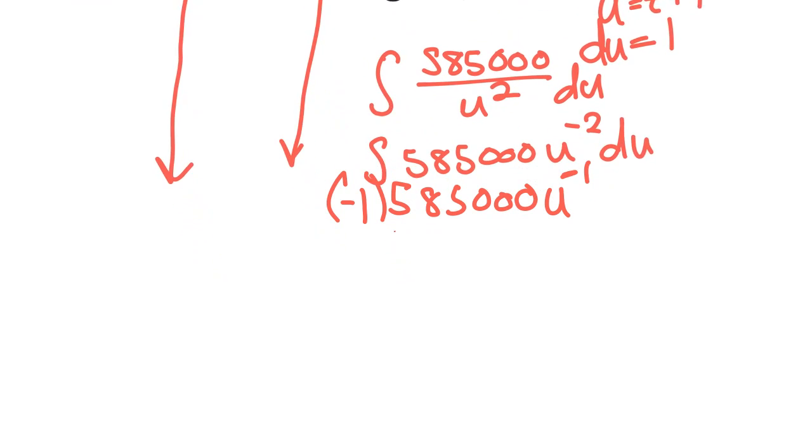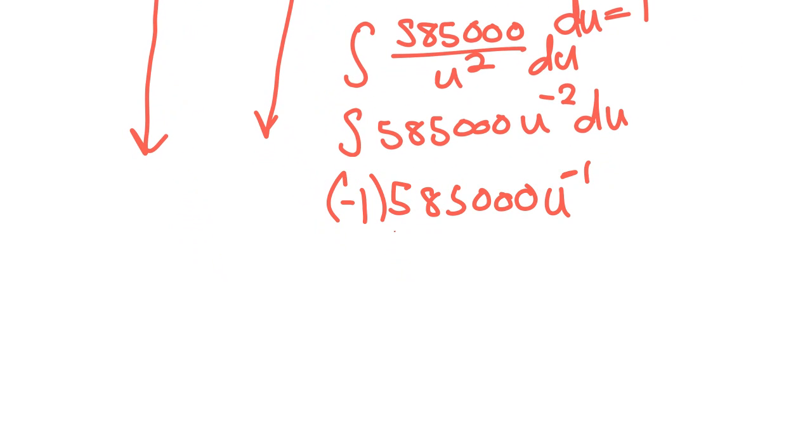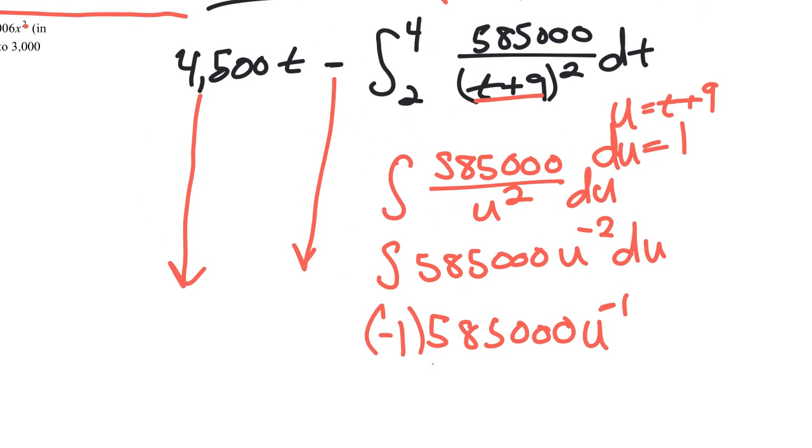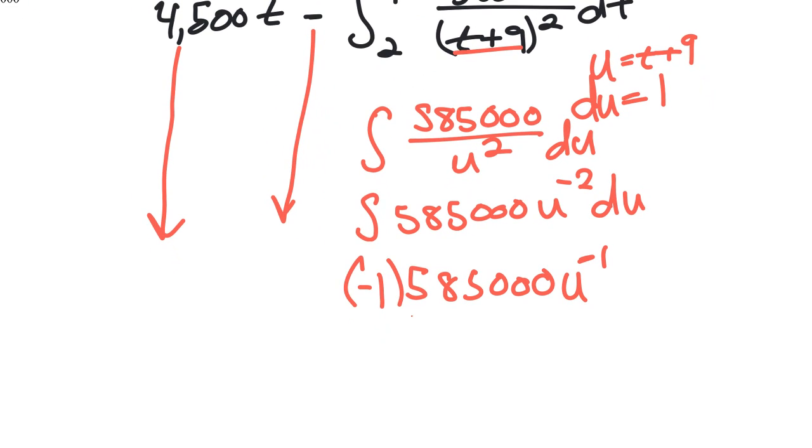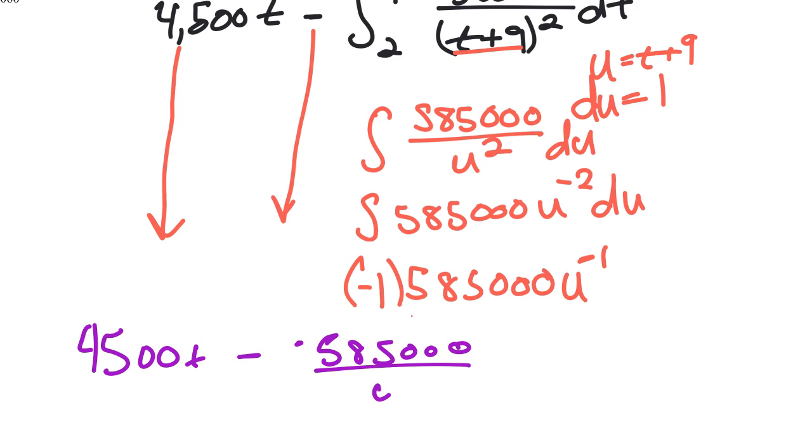So bringing it all down, it's 4,500t minus a negative 585,000 over u, and u I know is t plus 9.